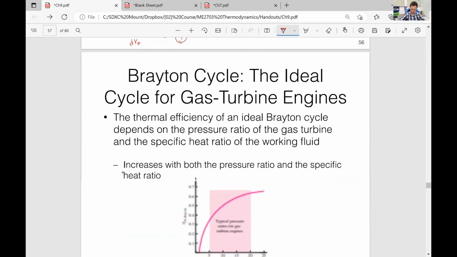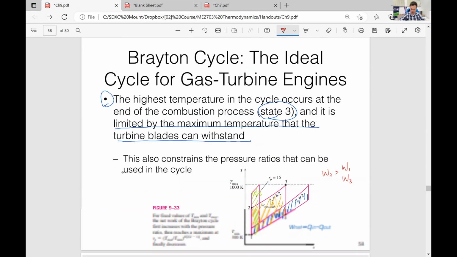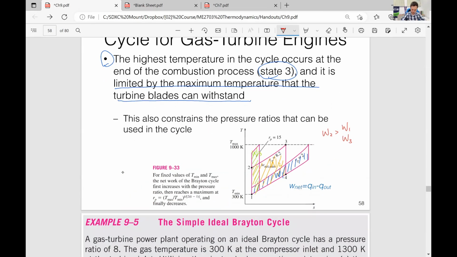Okay, so by doing this, we can find this relation. So RP should be a function of, of course, the maximum and minimum temperatures, as well as the specific heat ratio. Okay, all right.